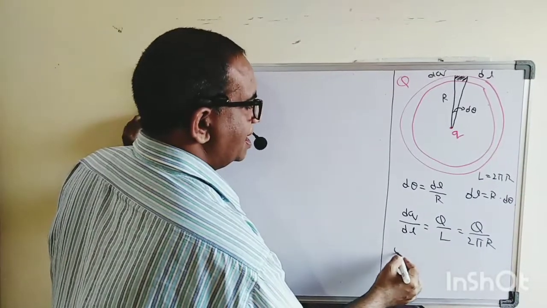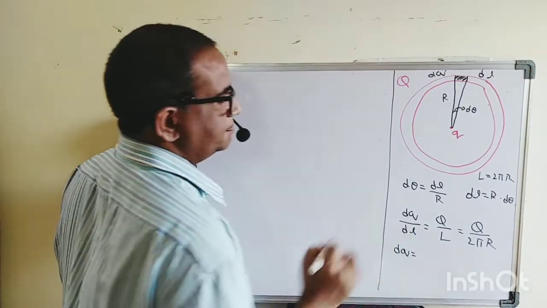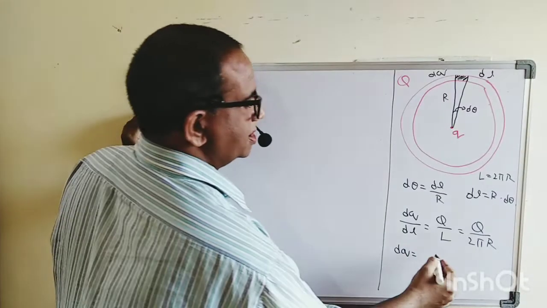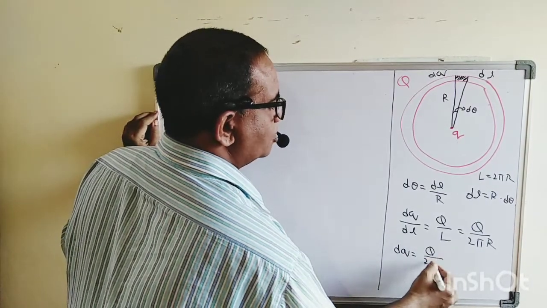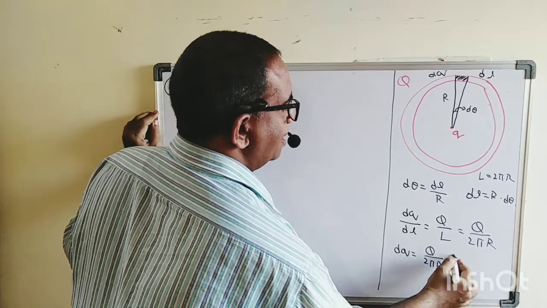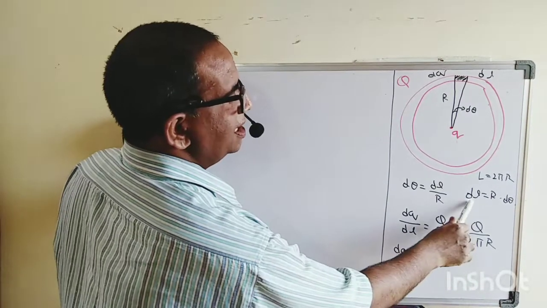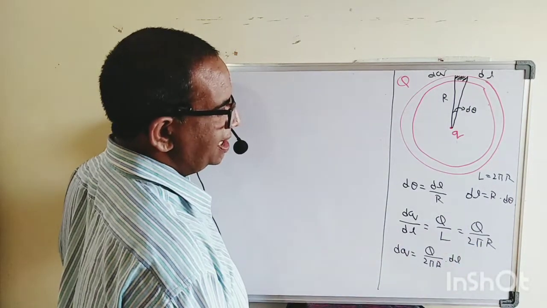Therefore, dq is equal to q by 2 pi R into dl. But dl equals R d theta.